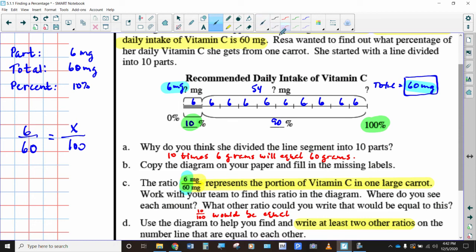But if you didn't, sometimes we just do cross multiplication. 6 times 100 is going to be equal to 60 times x. And when you take 600 and divide it by 60, you get x is equal to 10. And since we're trying to find the percent, that means that 6 milligrams out of 60 milligrams represents 10% of the total.